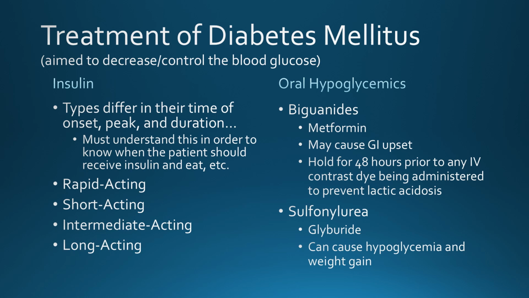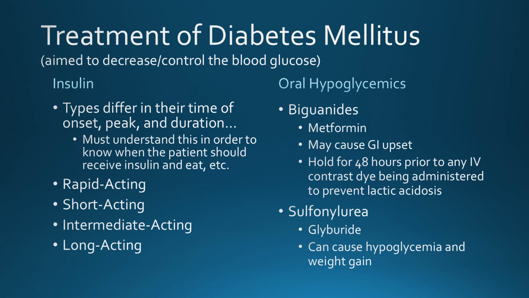One thing that is important to note is that when we give insulin, there are several different types of insulin that we can provide. And these different types differ in their time of onset. So how quick does it take to kick in once we administer it? The peak, so once it's kicked in, when is it most effective when it's in the body?